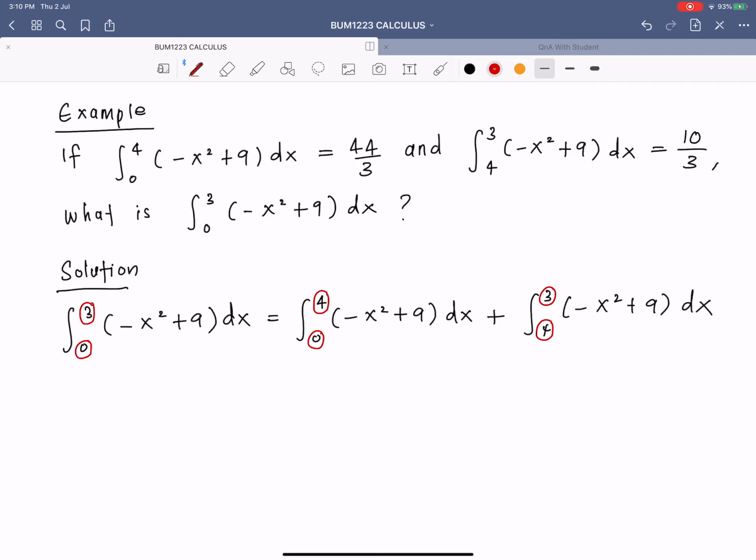So we know that the integration from 0 to 4 is equal to 44 over 3, and the integration from 4 to 3 is equal to 10 over 3. So from here we have 54 over 3, where 54 over 3 is equal to 18.